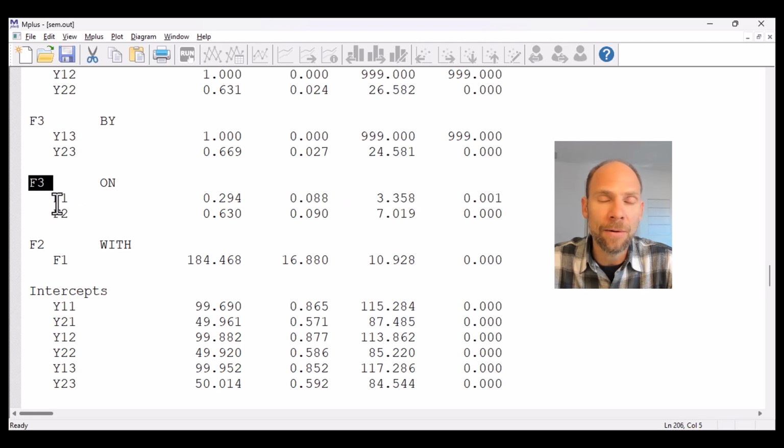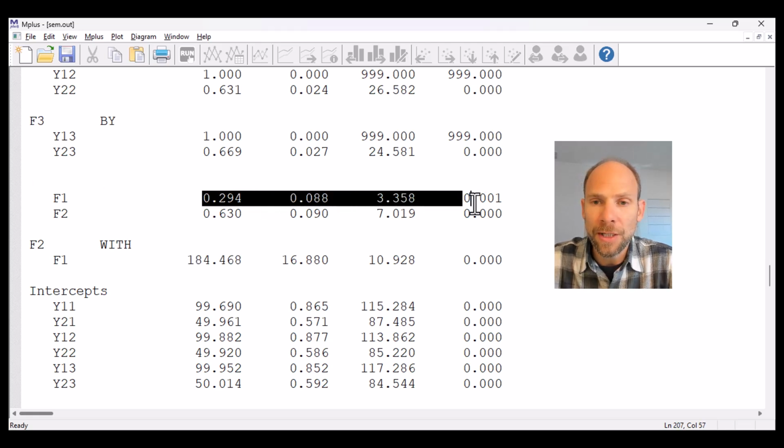So again, the idea was that F3 here may be life satisfaction, and F1 may be income, F2 may be relationship satisfaction, and you can see that here we have a regression coefficient of 0.294 for the regression of F3 on F1, controlling for the covariance between F1 and F2, which is also estimated. And so you can see that that regression coefficient is statistically significant.